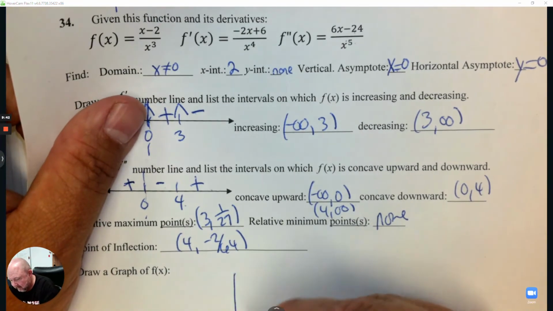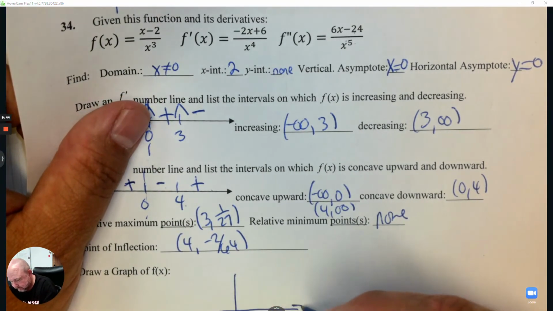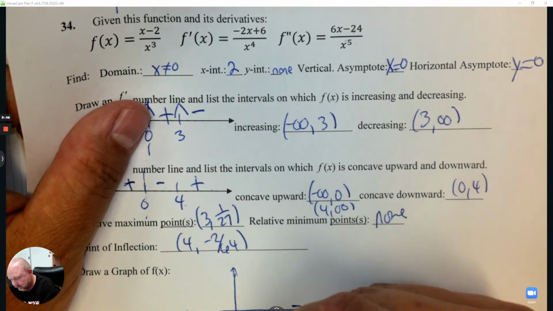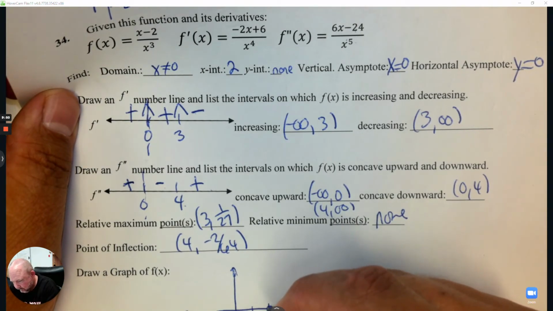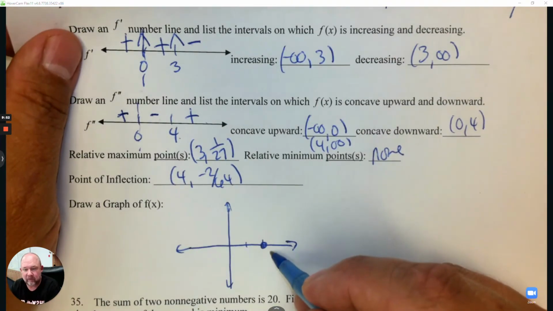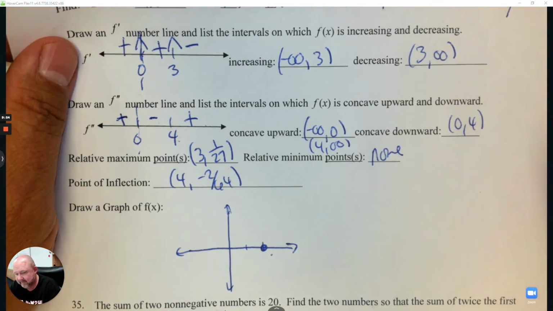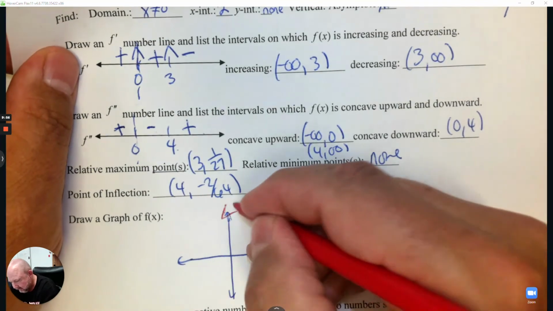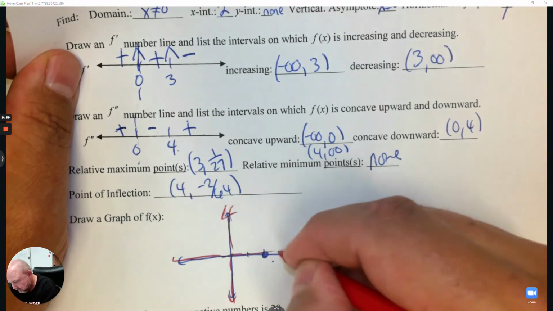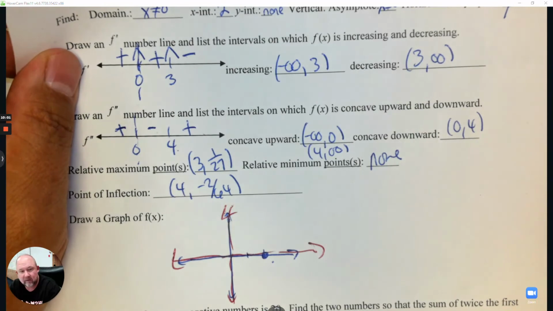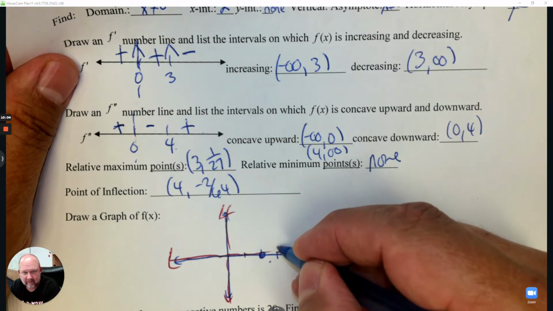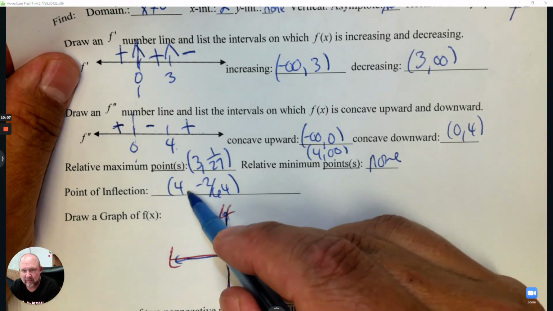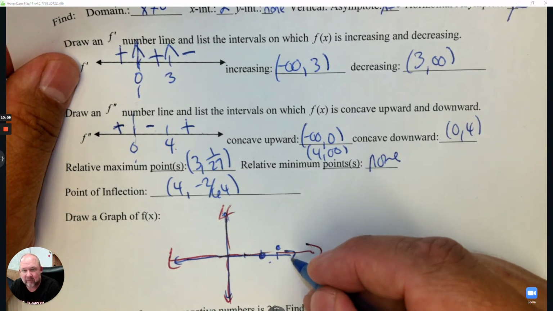If you would draw a little sketch of this, we have an x-intercept at 2. We have an asymptote at 0 and 0. We have a maximum at 3 and just a little bit above. And then we have a point of inflection at 4.